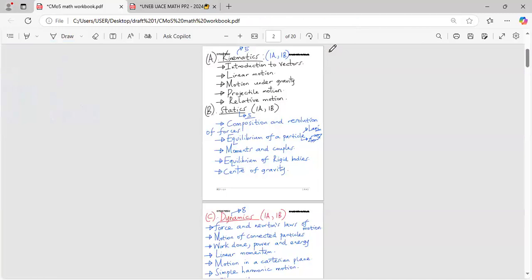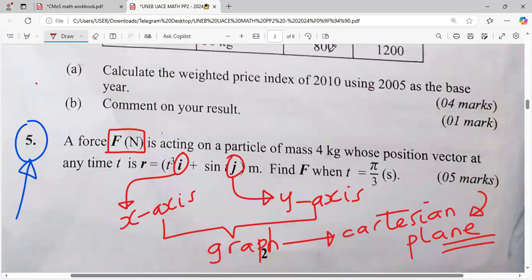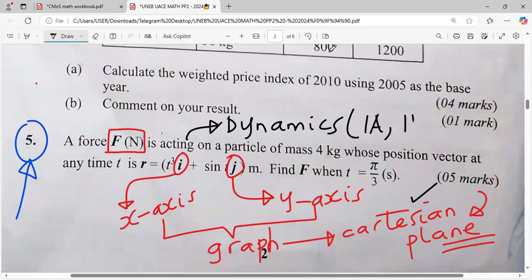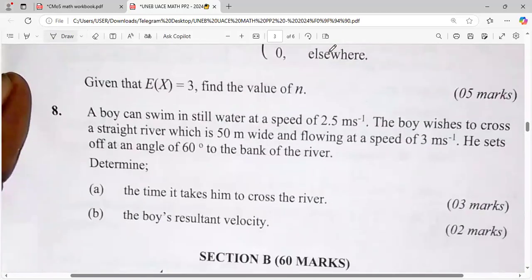Actually, it is the fifth under dynamics, motion and the Cartesian plane. So that's where that one is found. Then the third number should be coming from kinematics.